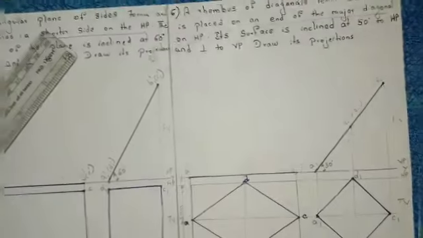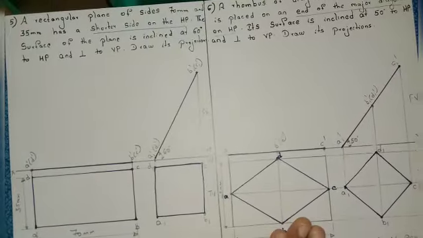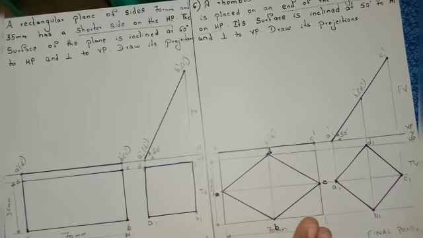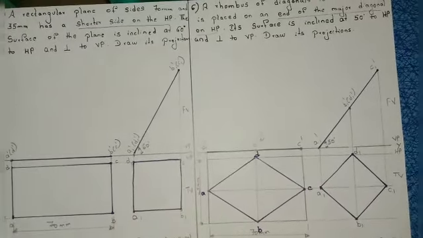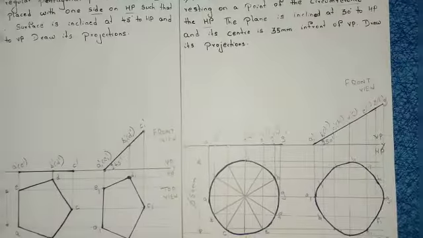Right, so these are the total 6 problems. See, all the problems are same. First see the condition, corner, edge, side. After that, where we have to start the diagram, on HP or on VP.